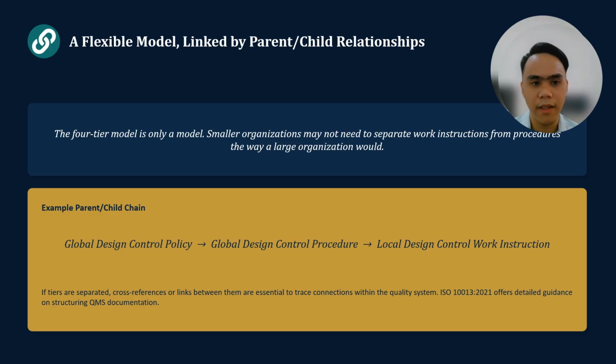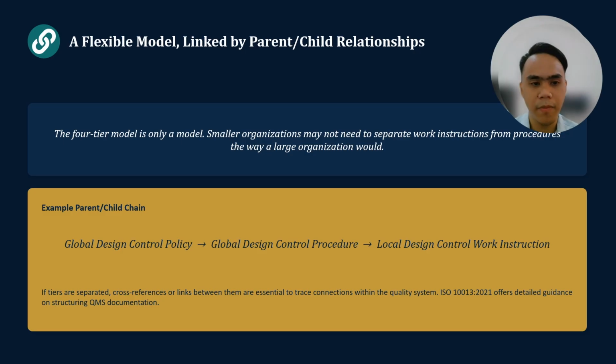Identifying the parent and child relationships between the tiers of documents is essential to trace connections within the quality system. The work example shown on the screen illustrates this precisely. The parent document for a local design control work instruction may be the global design control procedure, which itself may be the child document of a global design control policy.